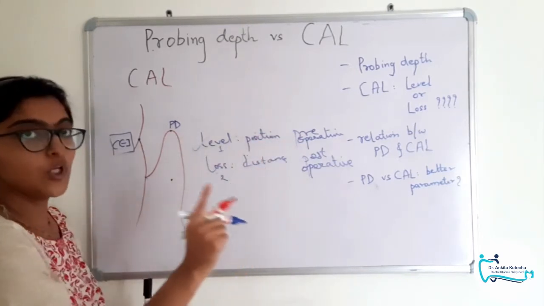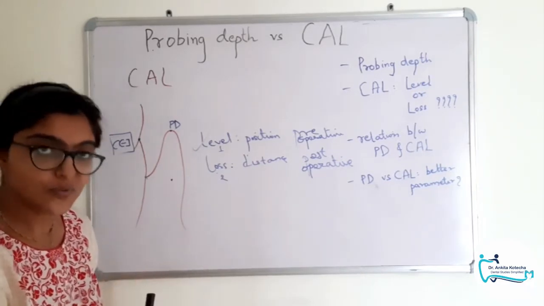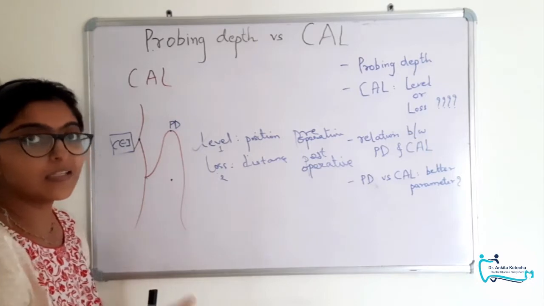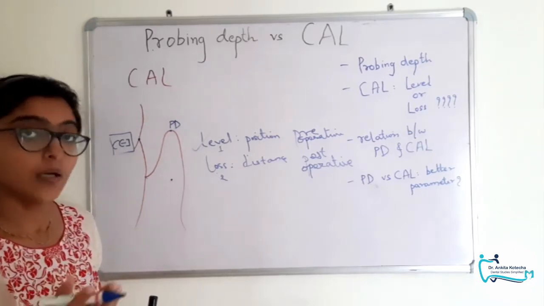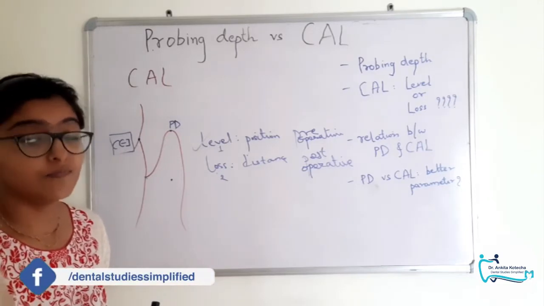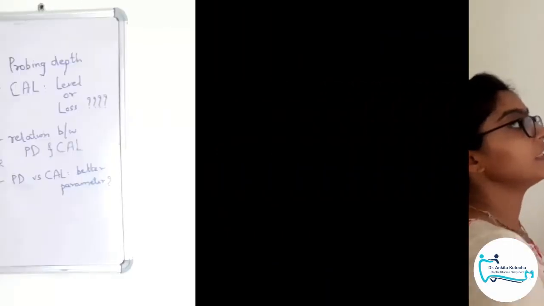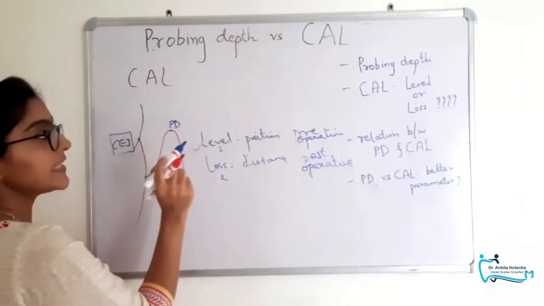So both the terminologies are correct, it's just a matter of the timing when to use them. So now the answer is clear: clinical attachment level before the treatment and clinical attachment loss or gain after the treatment. Clear?